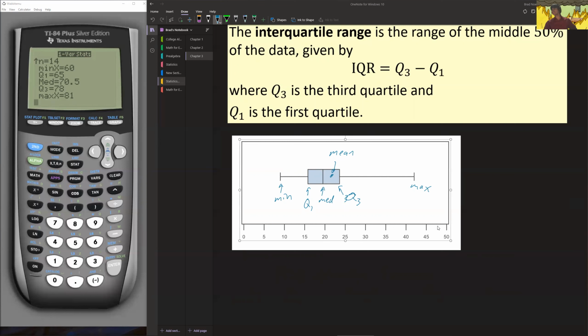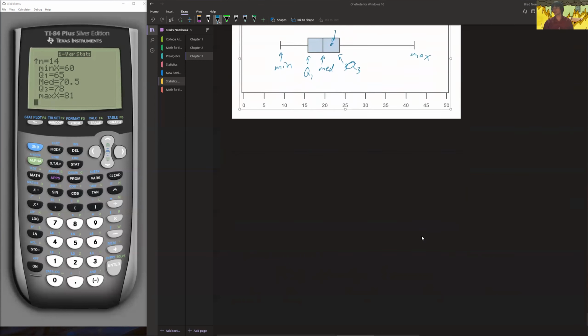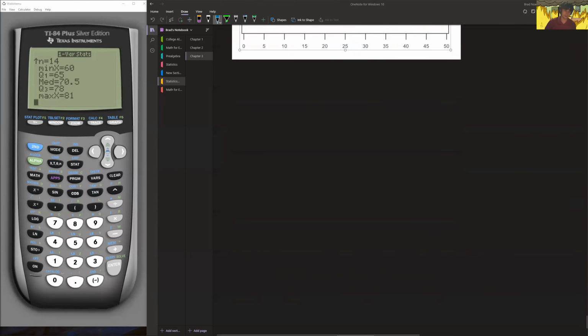So then I mentioned that we use our interquartile range for finding outliers. Well, how do we do that? Outliers are any data values that lie outside of the following interval.